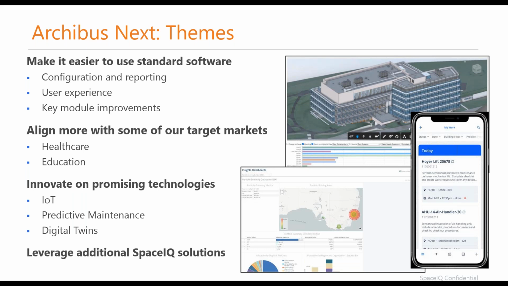And finally, Archibus as a product and platform is part of a larger Space IQ family of products, and we're looking at ways to leverage additional Space IQ solutions in the coming year, to make it easier for you to do your work with Archibus and with the Space IQ family of solutions.